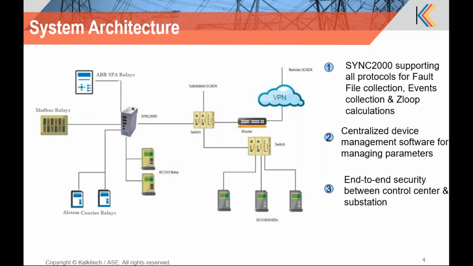So we need to gather the live data as well as fault files from all these relays, and we use the SYNC2000 gateway for that. Live data needs to be sent to the local SCADA as well as the remote SCADA, and all the fault files collected from all these IEDs need to be converted into a common format. These can be vendor dependent formats, like SPA has its own format, Courier has its own format, and 103 has its own format.